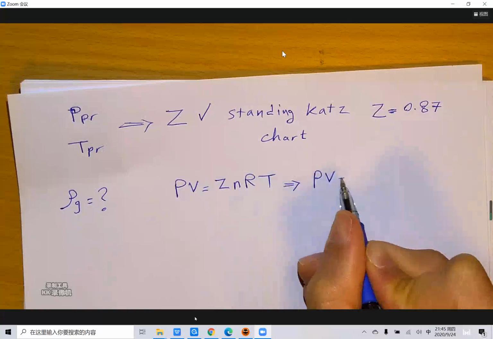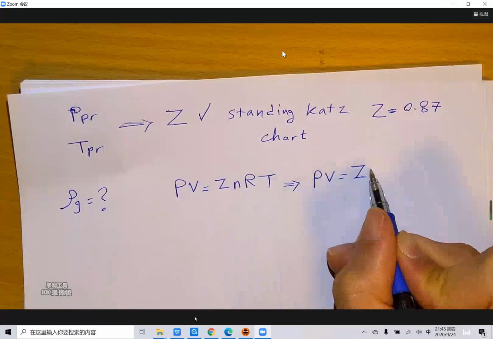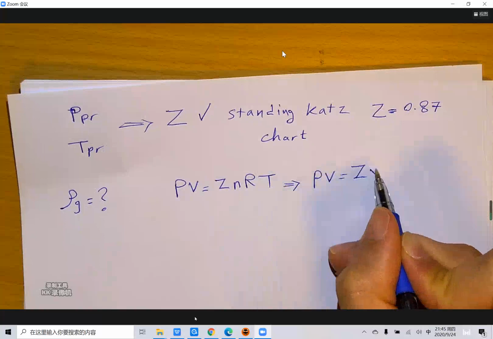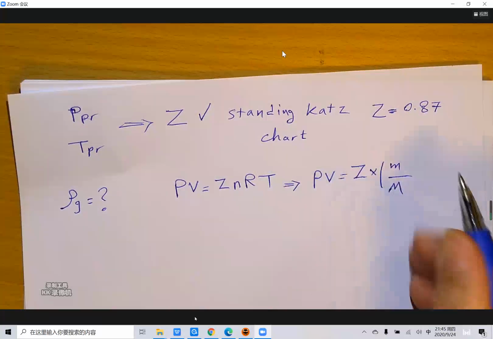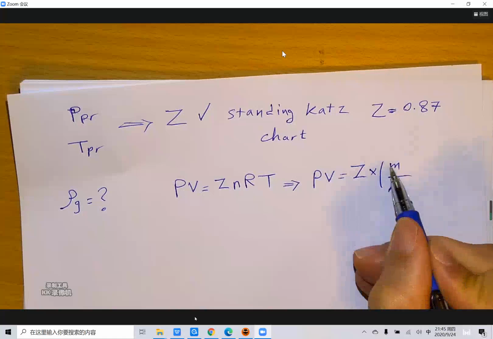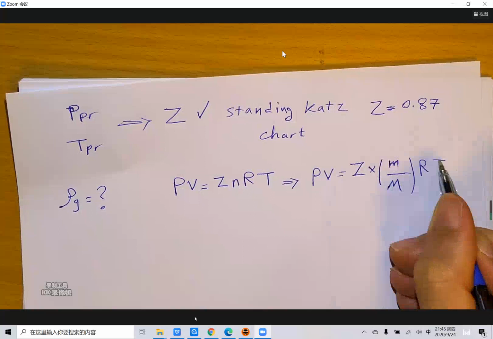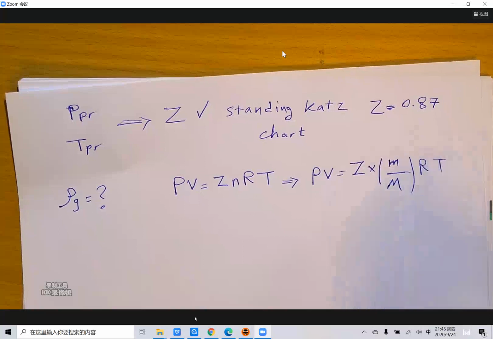As you know, n, the number of moles, can be found using m, mass over the molecular weight.